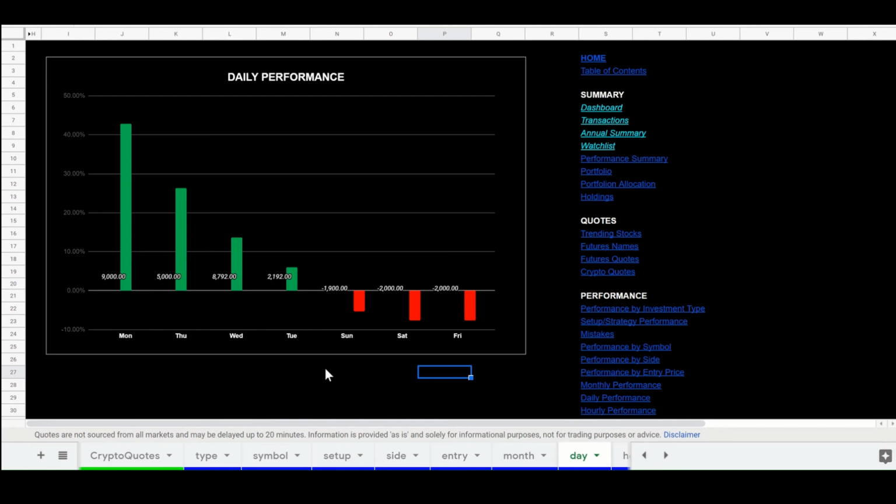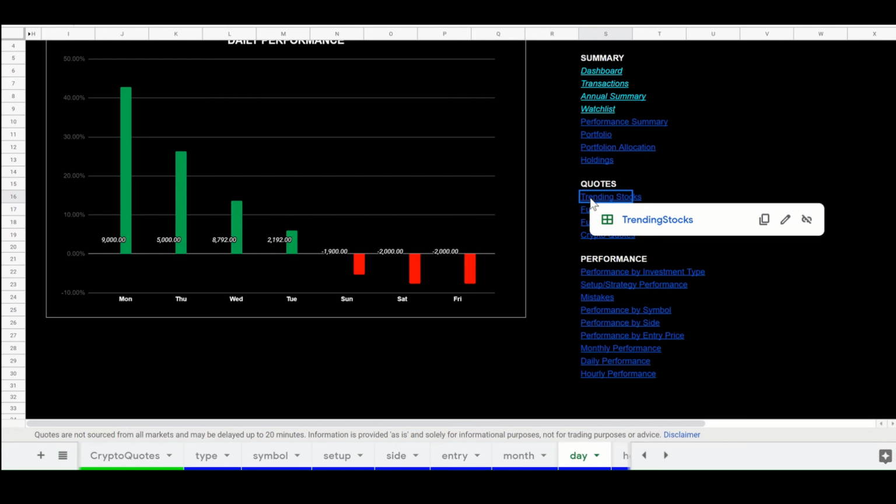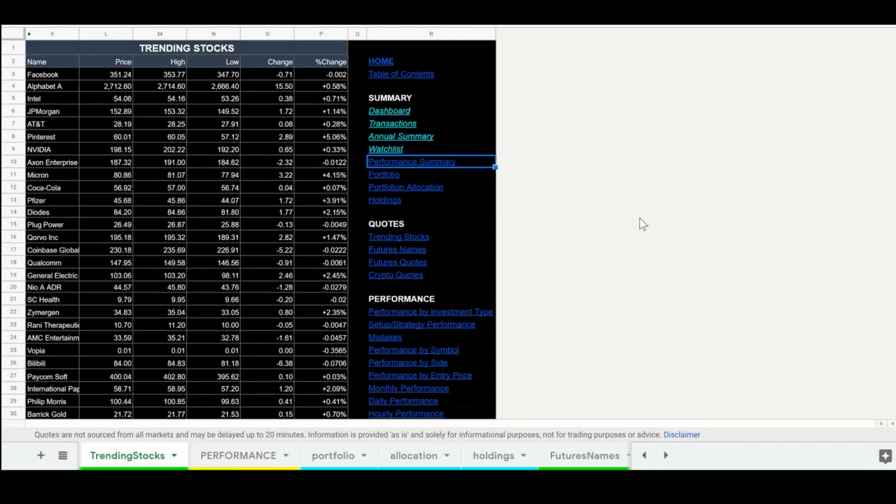The next one is, we're not going to go over all of this, but if you want to see each chart, you can click on them. It's just going to give you a better view of all the metrics that you want to track. Now, for live quotes, like I mentioned, it will give you the trending quotes.